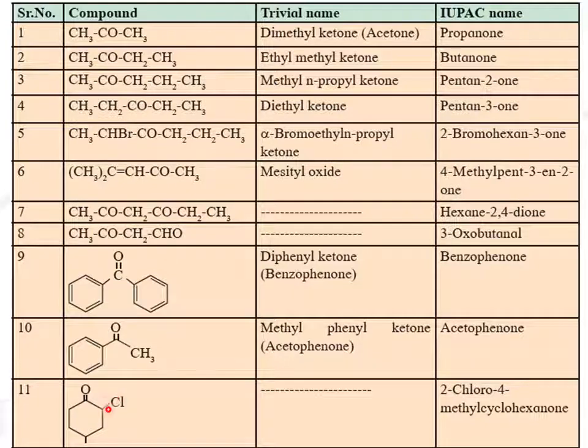So first it is 2-chloro-4-methyl. It is a 6-member cyclic ring, hence it is cyclohexane. Replace the E of cyclohexane by ONE, including the position of the ketonic or carbonyl group. Hence the name of the compound is 2-chloro-4-methylcyclohexanone.